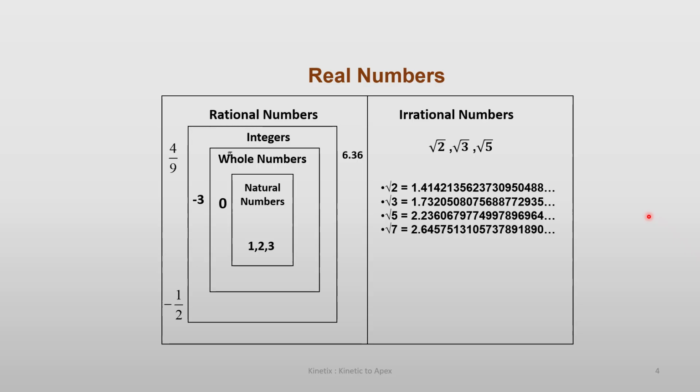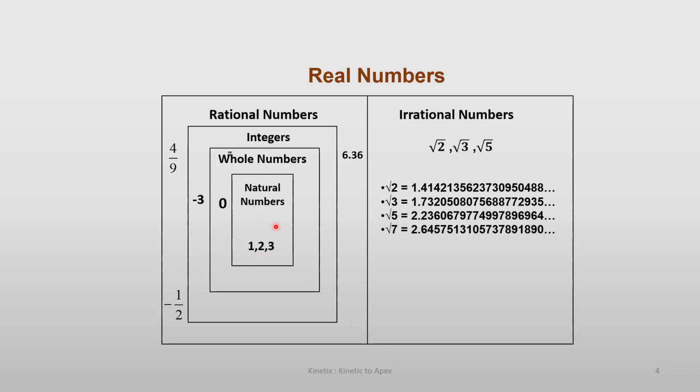Here we have represented the entire number system. As a whole, we call them real numbers. Real numbers are categorized into two types: rational numbers and irrational numbers. Under rational numbers, first comes the natural numbers, the counting numbers 1, 2, 3, 4, 5.